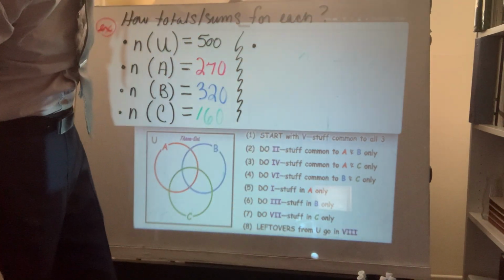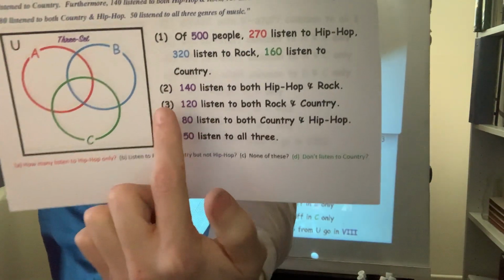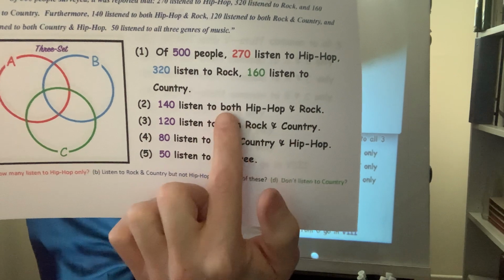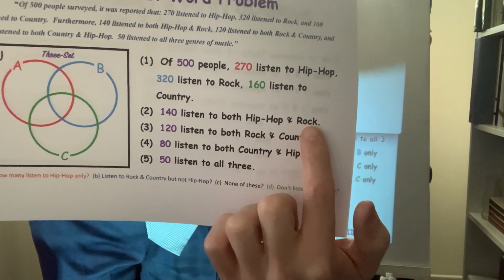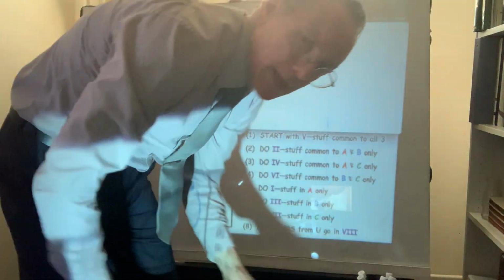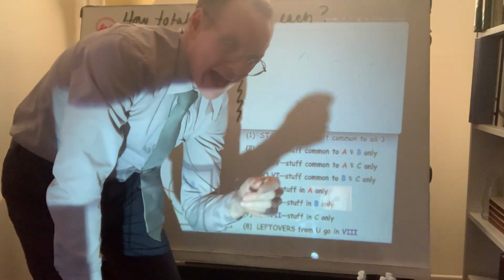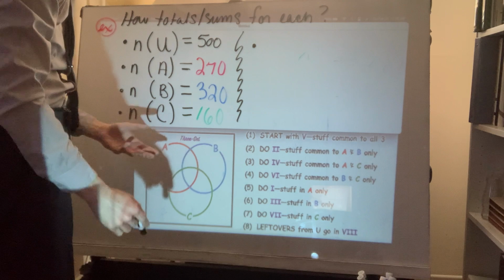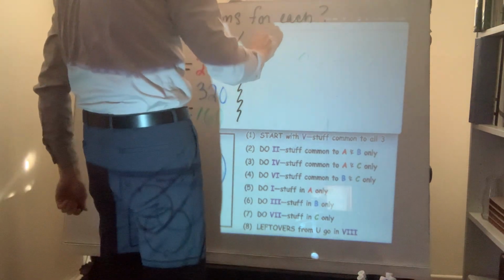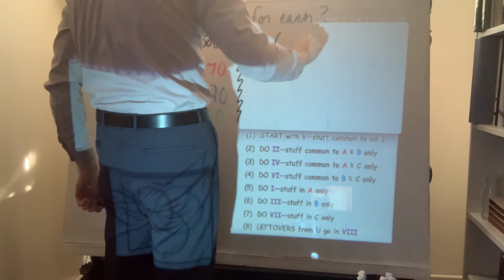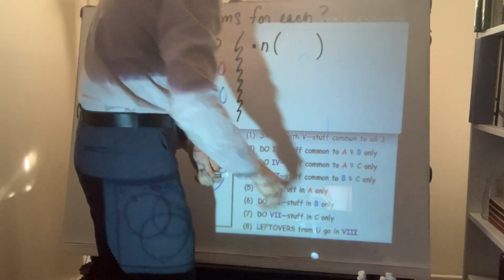It says, and I have it listed here, 140 people listen to both hip-hop and, that's supposed to be an and symbol, rock. So, remember that word and. And implies an intersection.